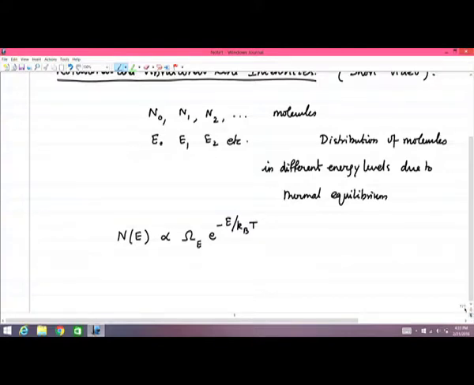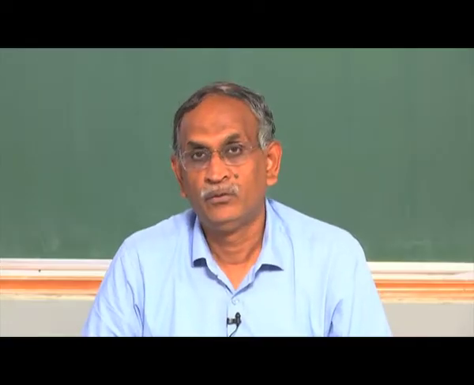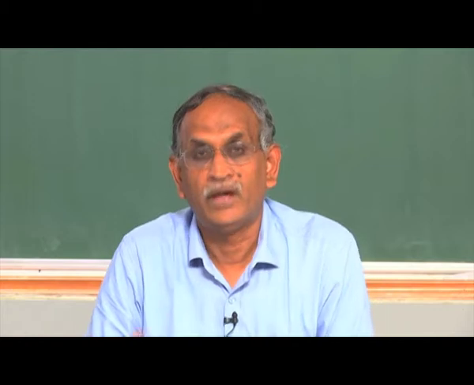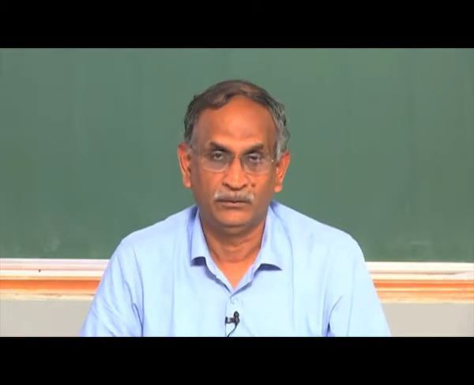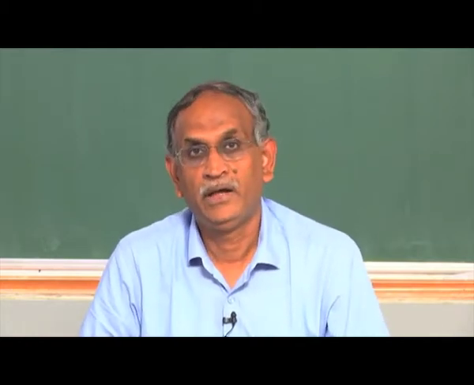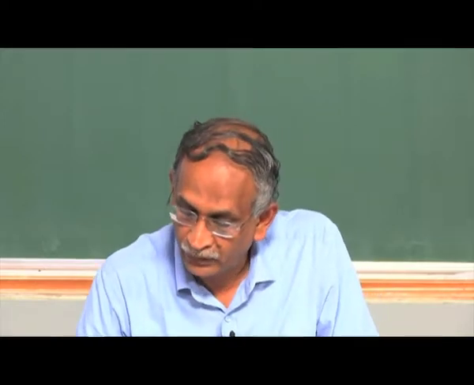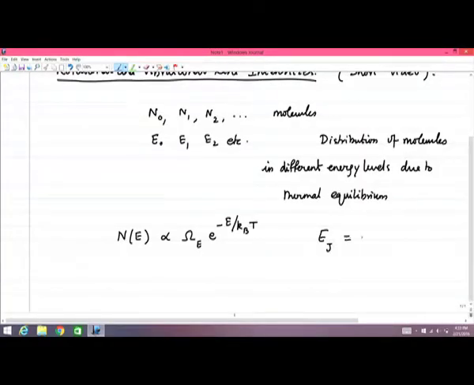In the case of rotational spectroscopy, the molecular energy levels for the simple system of a diatomic are proportional to J into J plus 1. You recall the energy level formula for rotation for a given quantum number J, it is B J into J plus 1 times Hc.